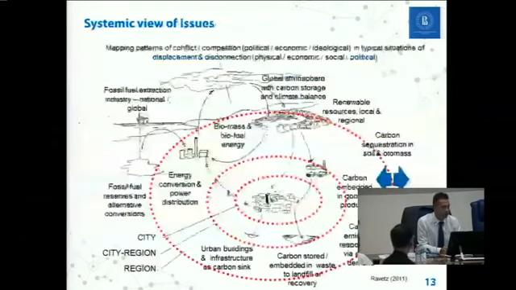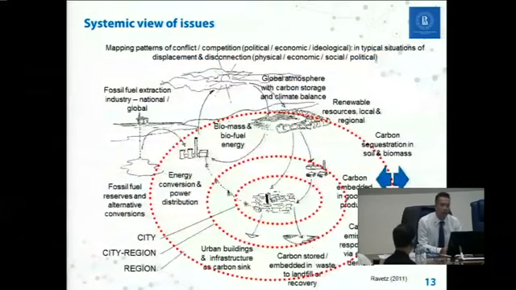As you see, for example, when we think about energy, energy is not only a local problem. It needs to be considered in a cascaded way at multiple levels, starting from the global level, which begins with fossil fuel extraction, for example, in the industry and at the global and national levels. Then how this is converted into some sort of energy that we can make use of later, and then how this can be brought into our settlements for our use.